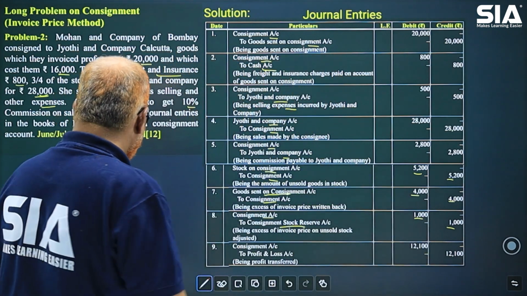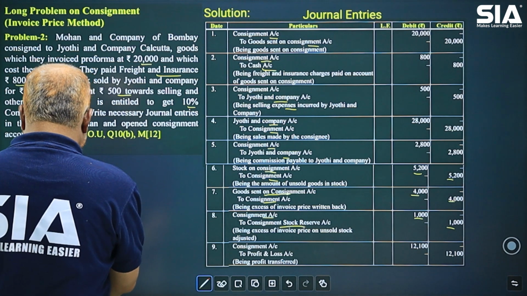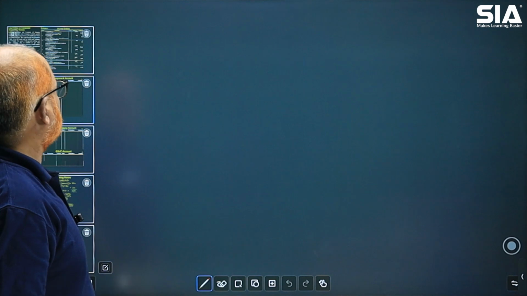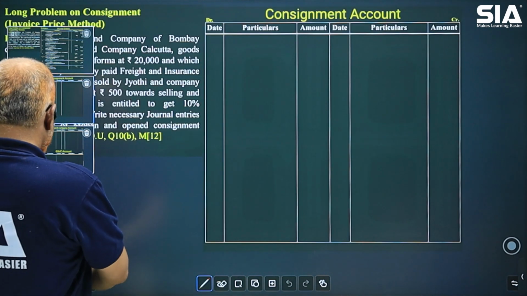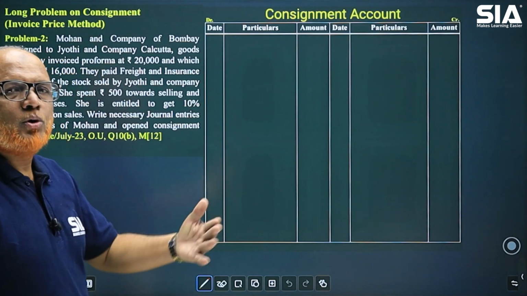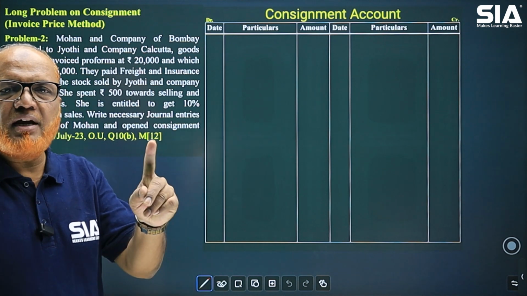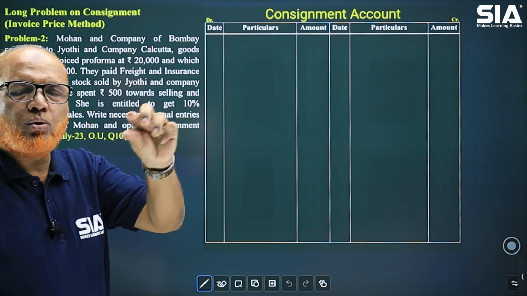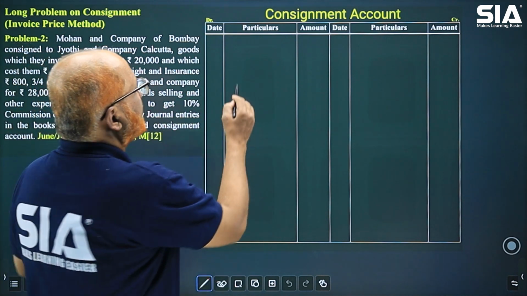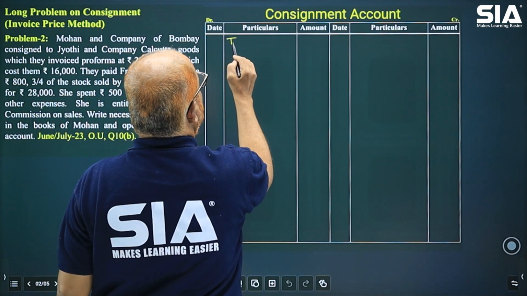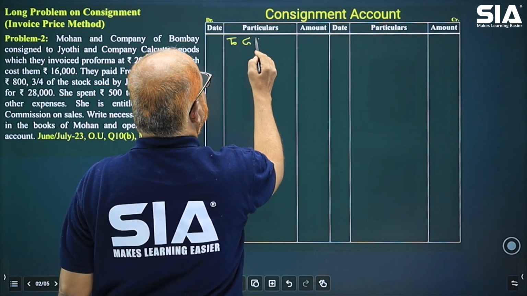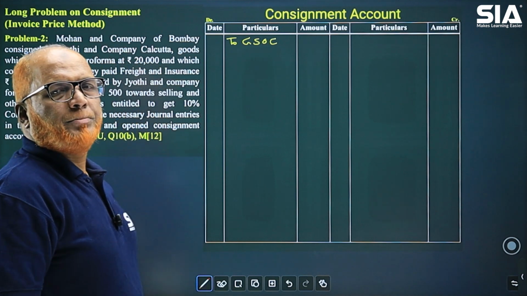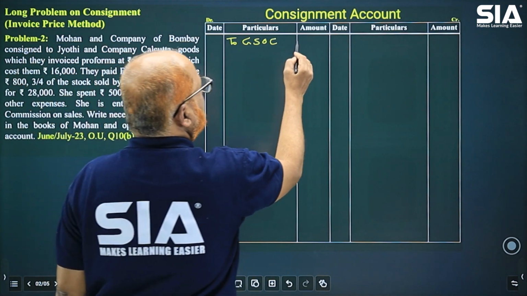So we have to open the consignment account. Now this is the consignment account, and we have to post the entries. The first entry you have passed is consignment account debit to goods sent on consignment. So on the consignment account debit side, the value is the invoice price, 20,000.